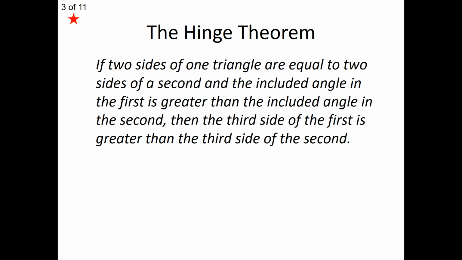In other words, we can look across from our included angle to the third side, and we can cross compare those two sides. The greater side will be opposite that greater angle, but you have to have this full given satisfied before you can even remotely compare those two sides together.